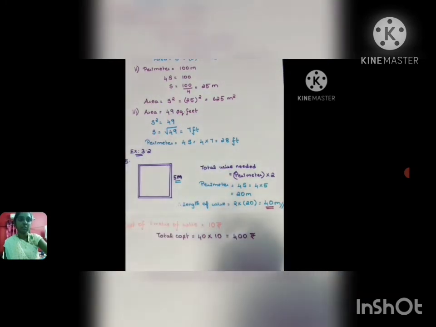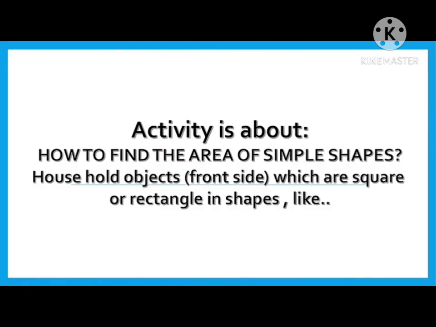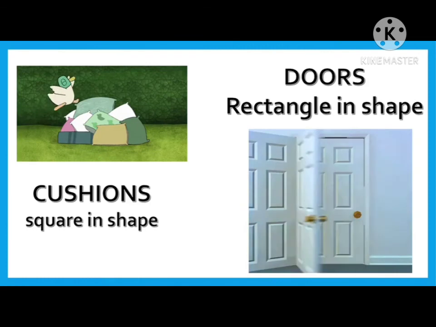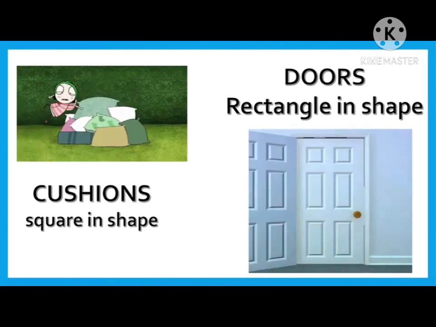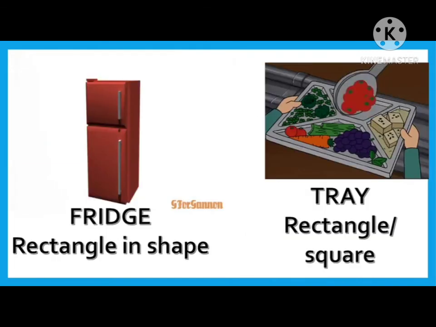Now, let us do a small activity based on the concepts we have learned in this class. The activity is how to find the area of simple shapes that we see in our everyday life, like squares, rectangles, and other shapes. The cushions that we see in our sofas are square in shape and the doors are rectangular in shape.